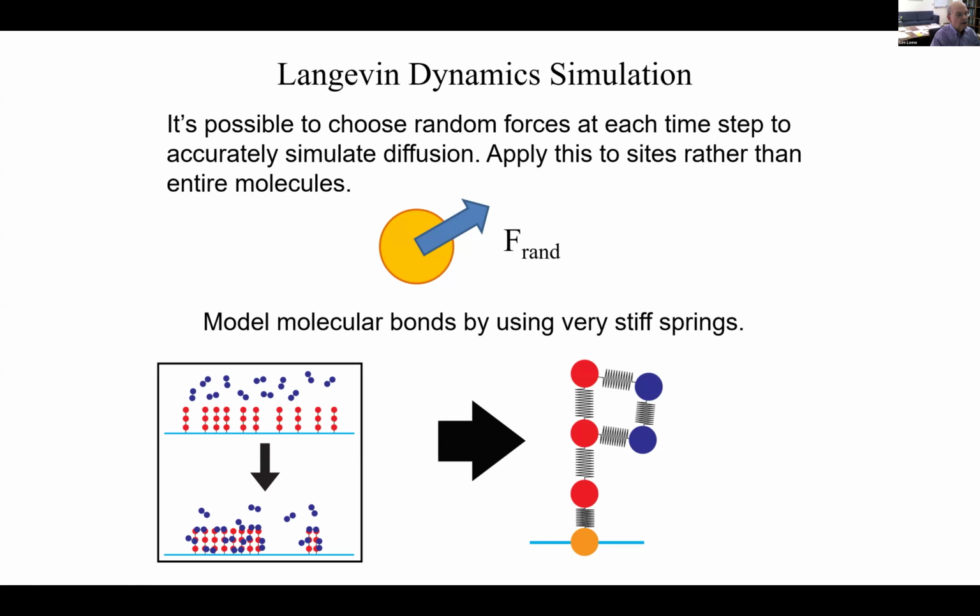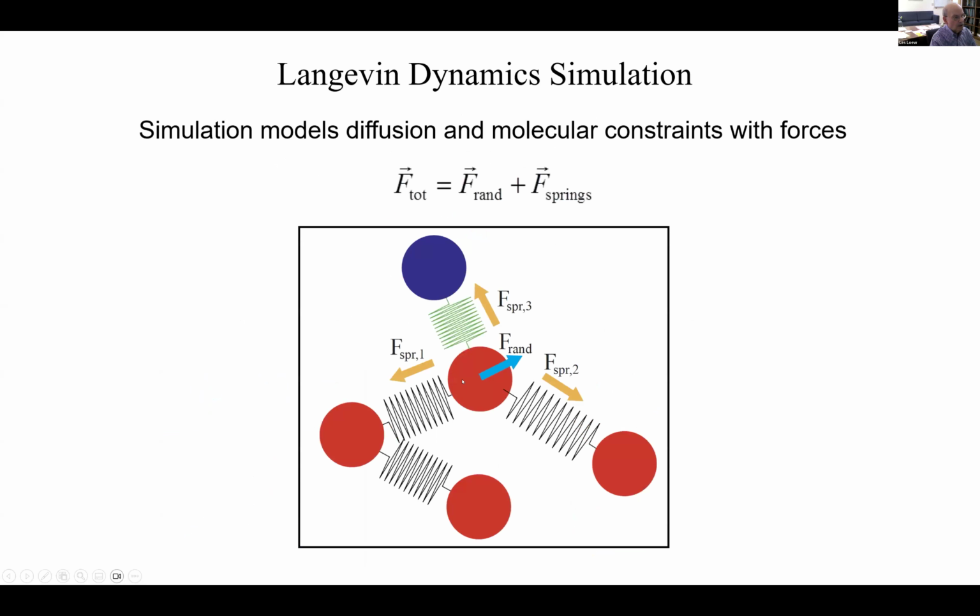The only reason for using the springs is that they transmit the force. The random force that happens on one of the spheres gets transmitted through the springs to the other sphere. So even if they aren't at that moment experiencing their own random force, they are able to respond, just by being coupled through these springs, to the random force that is being applied to the central sphere here.